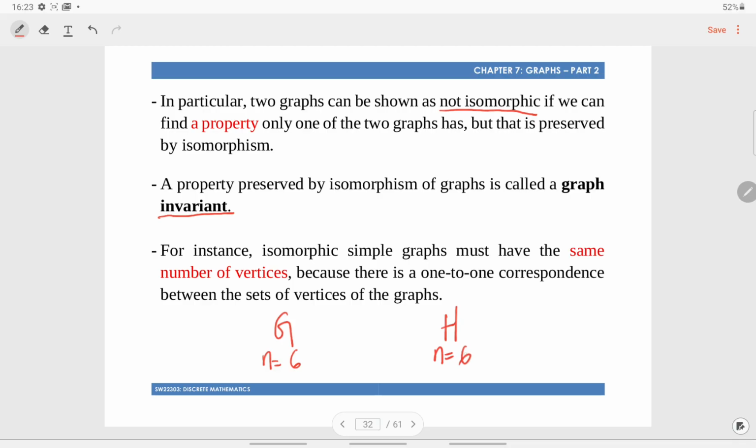Suppose H has 7 vertices, you can immediately conclude that G and H are non-isomorphic because the number of vertices is different. Because if two graphs are isomorphic, the number of vertices is considered an invariant. That means they must have the same number of vertices in order to be considered isomorphic.